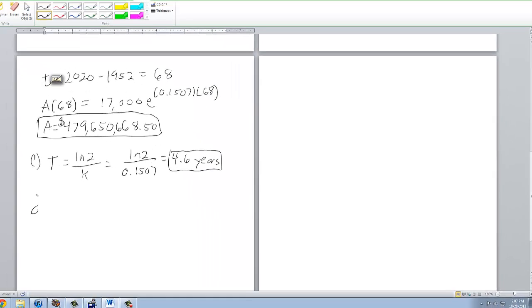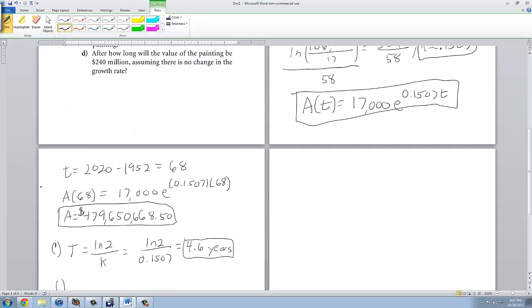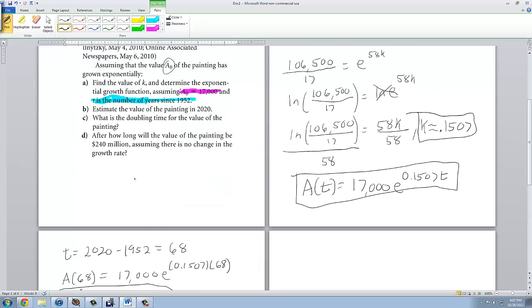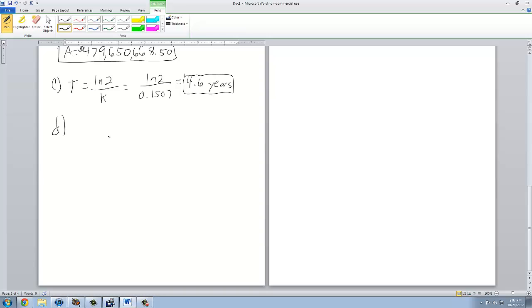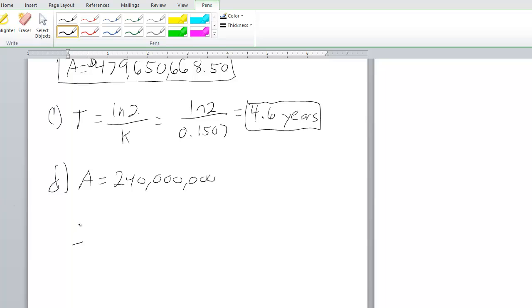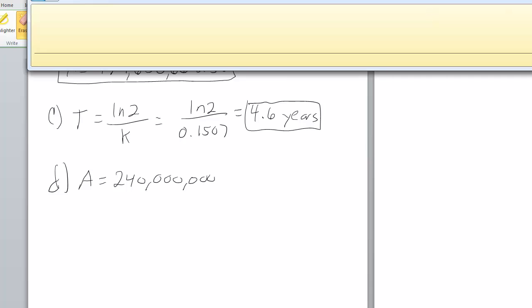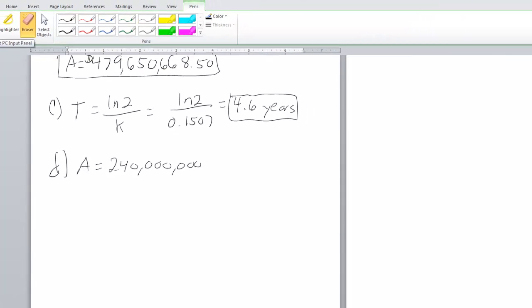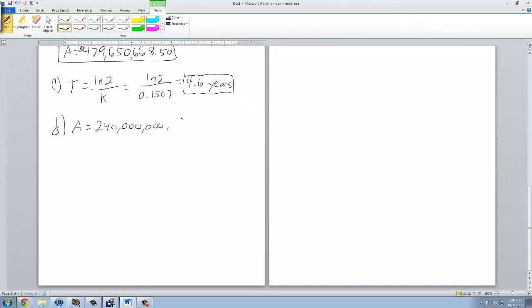Okay, part D is, after how long will the value of the painting be 240 million, assuming there's no change in the growth rate? So that is A. A is equal to 240 million. And what we have to do is find t.